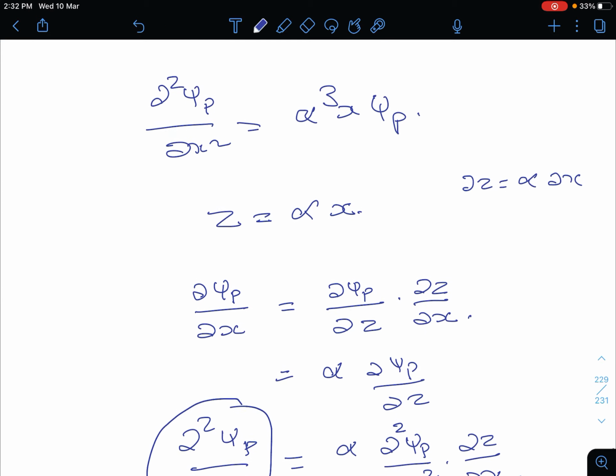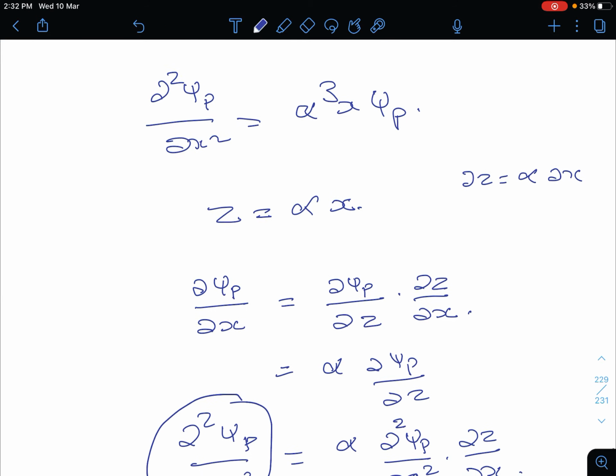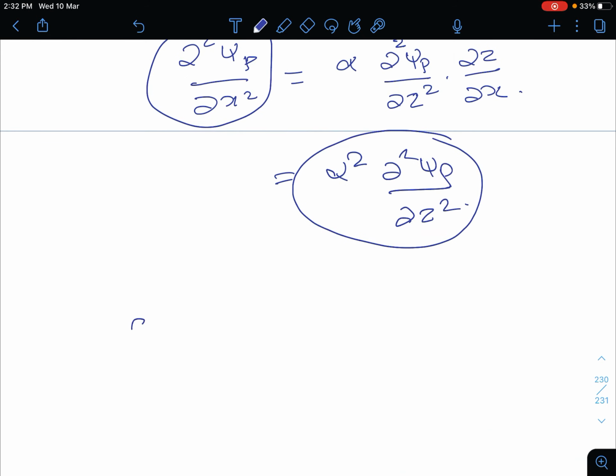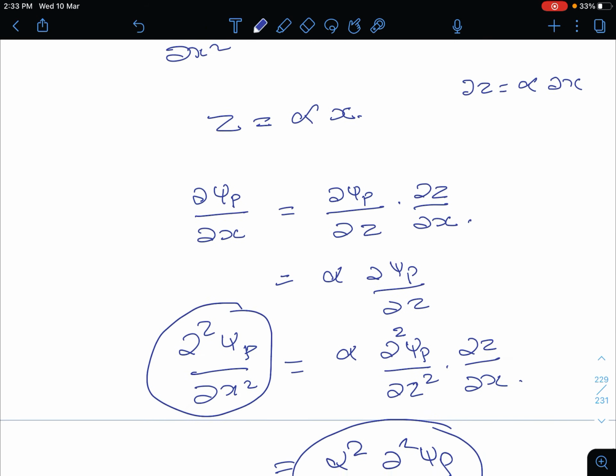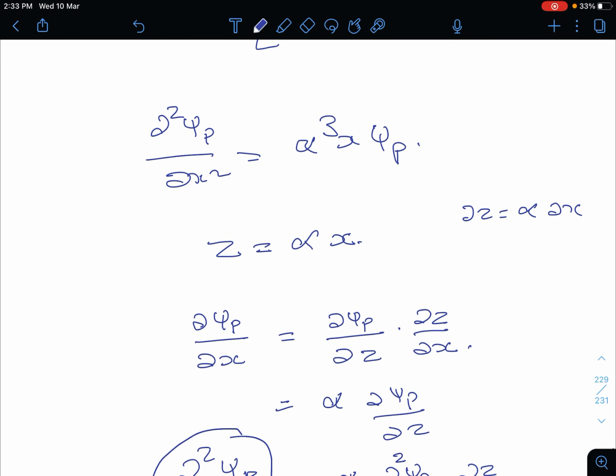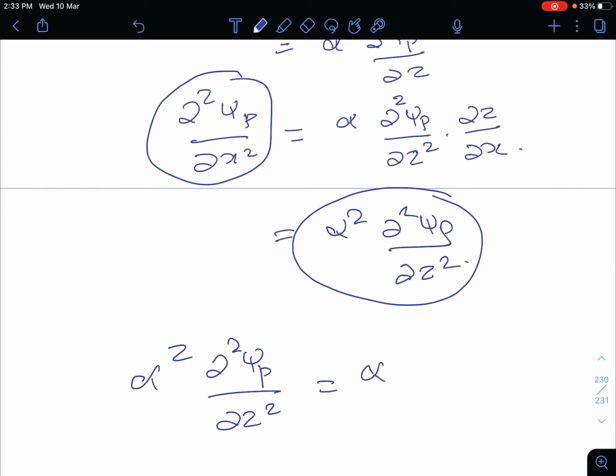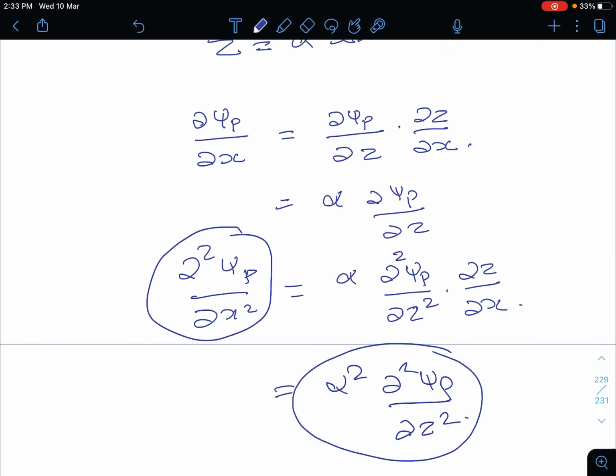So now I can write alpha square dou square psi p by dou z square is equal to alpha cube x psi p. What is x?